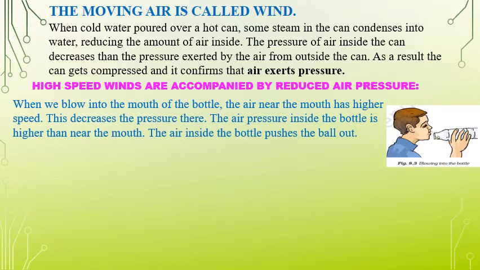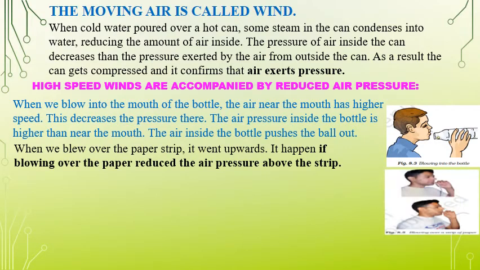The boy is not able to blow the ball into the bottle. And in another activity, when we try to blow over the paper strip, as shown in this figure, the paper strip goes upward. It happened because while blowing over the paper, there is a reduction in air pressure above the paper strip.